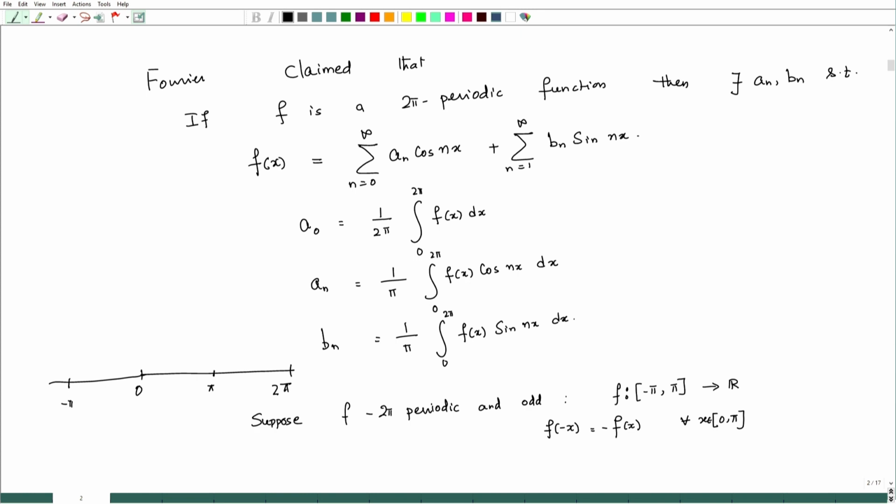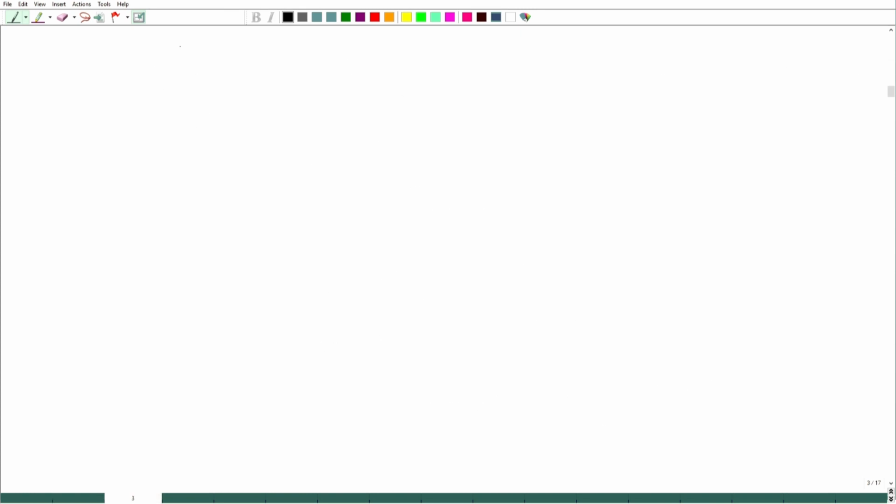Now, for this case, let us compute a_n by the prescription of Fourier. First a_0, which is 1 by 2 pi integral minus pi to pi f of x dx. This is equal to 0, because f is an odd function.